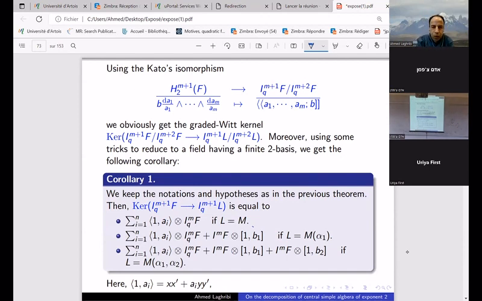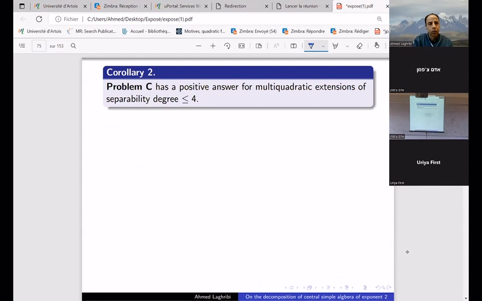And this form is just the two-dimensional regular quadratic form. Okay? And the corollary is that problem C has a positive answer for quadratic extensions of separability degree at most 4.